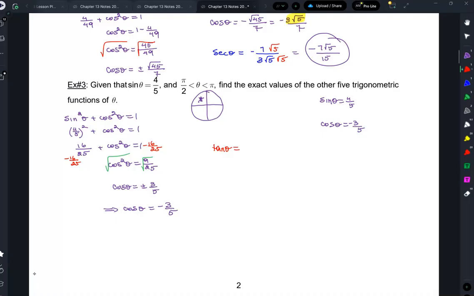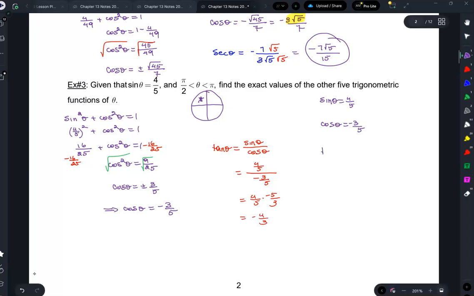Is there an identity that relates sine, cosine, and tangent? Sine over cosine. So sine theta over cosine theta, 4 over 5 over negative 3 over 5, is negative 4 over 3.